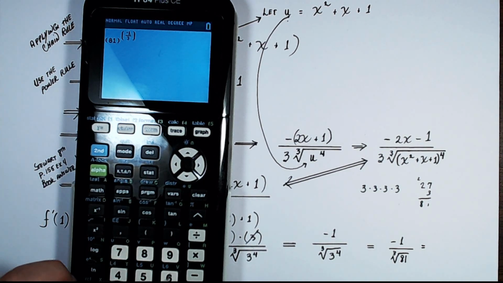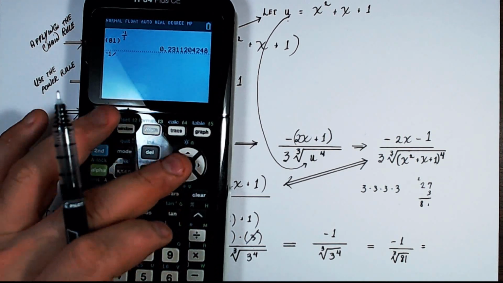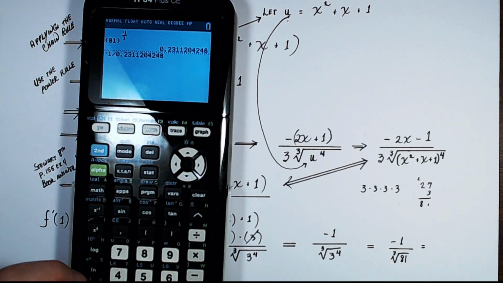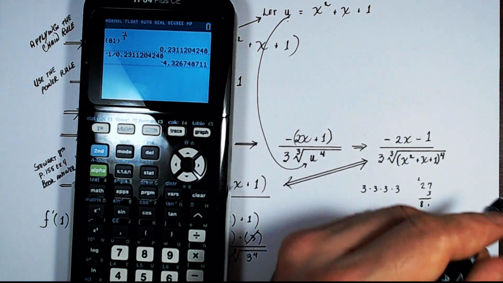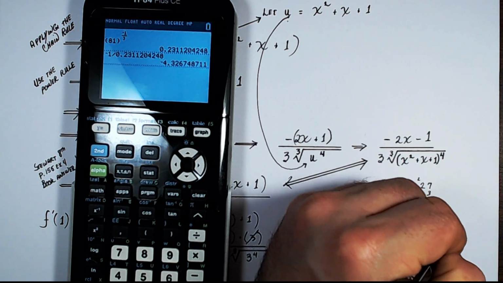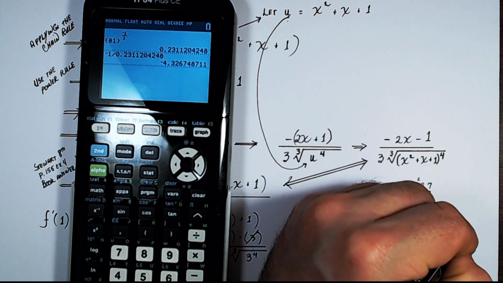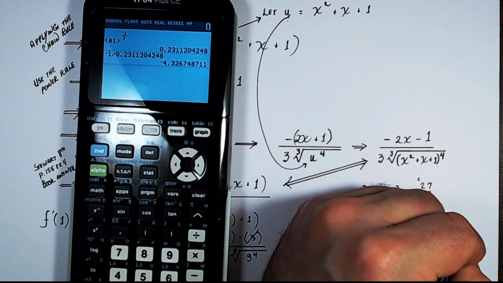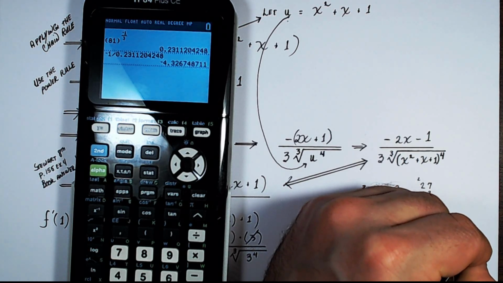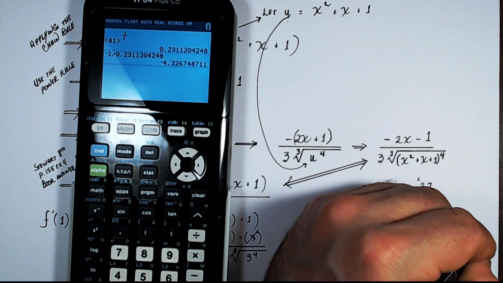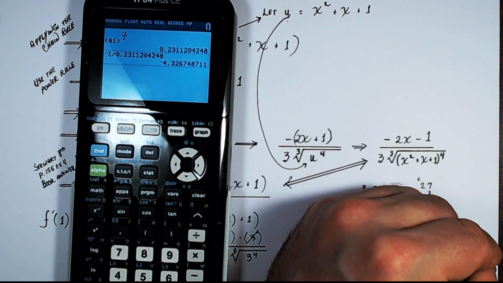So let's multiply that out, and then essentially we're taking -1 divided by that, and we get -4.32. -4.326748.